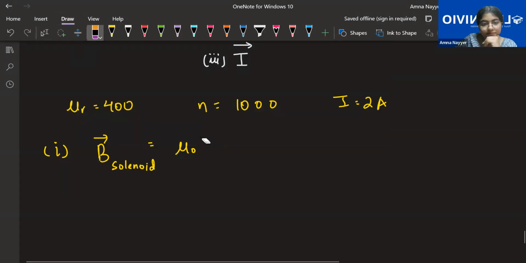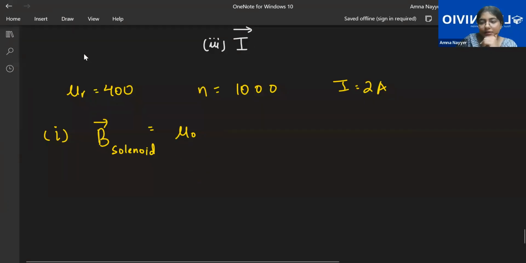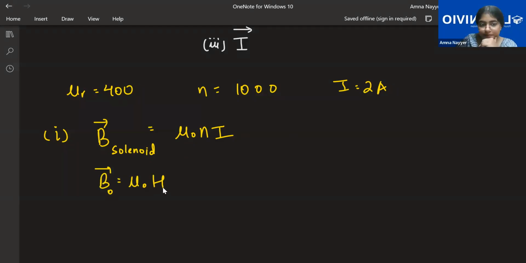You've done the assignments also based on this, mu naught n I. Now see, then you have magnetic field as B naught was mu naught into H. Both of these magnetic fields are the same because this is the magnetic field provided by the solenoid.